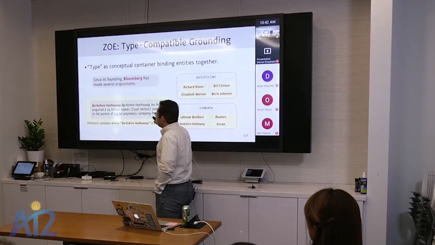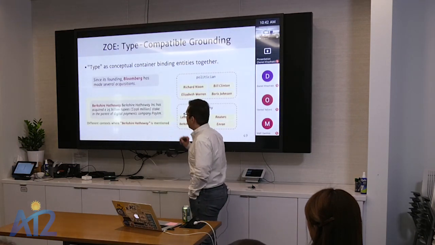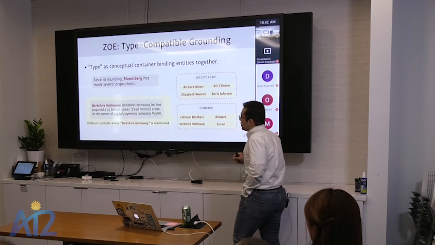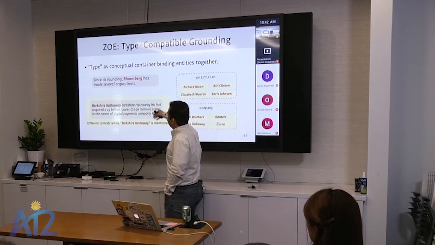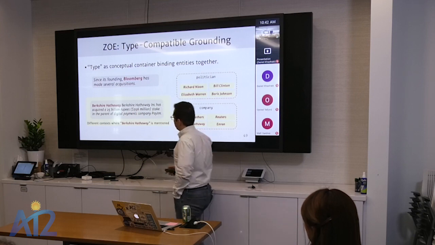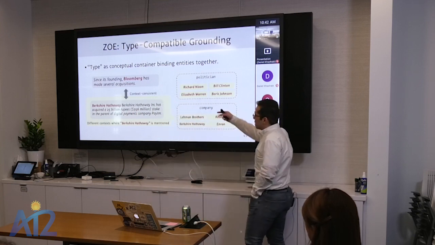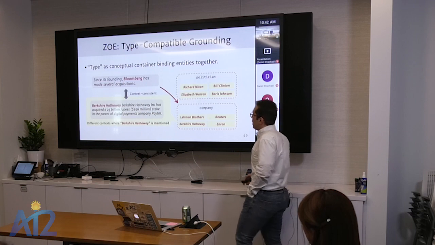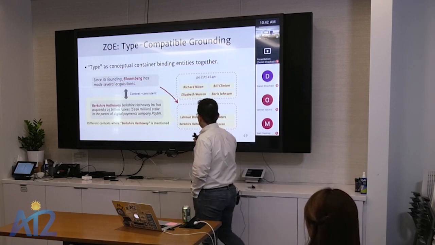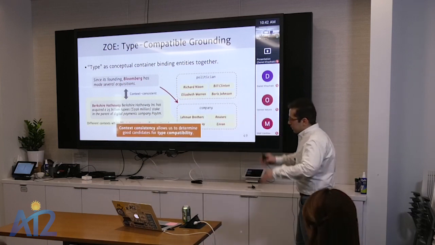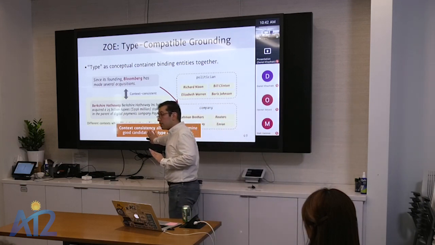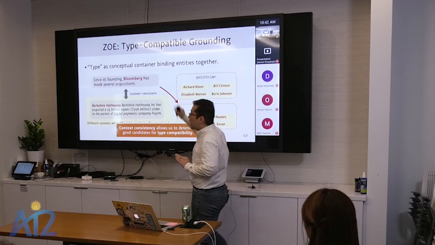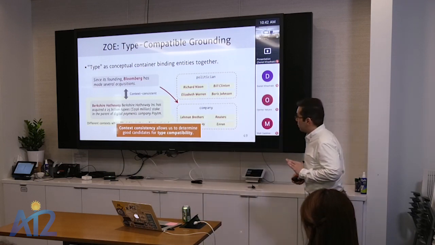And I might find a sentence like this about Berkshire Hathaway, which says something about its acquisition. Again, I can use some context consistency with Elmo and decide that this is of type company. Right? So what we did here was use context consistency as a proxy for typing entities in their context.